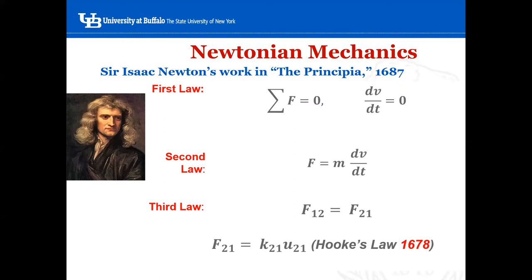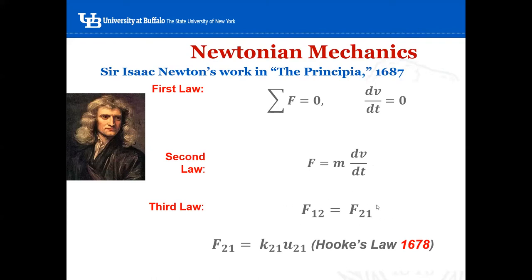Now, what do we use for our mechanics of materials? We have laws of Newton, which he published in 1687, the first law, which is also known as the law of inertia. And then the second law, which is F equals ma. And the third law, action, reaction.